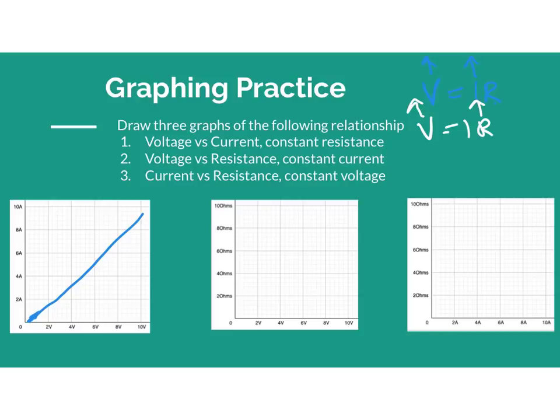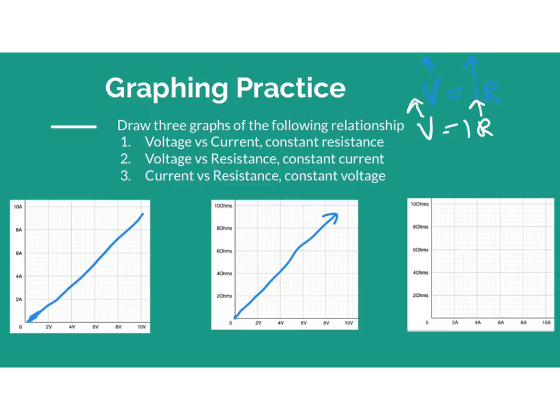There are things called thermistors, and other things called variable resistors, which will change. So if we increase the voltage, the resistance would also go up if we kept the current the same. It doesn't happen all the time. It has to be a special situation, but that is what the relationship suggests.